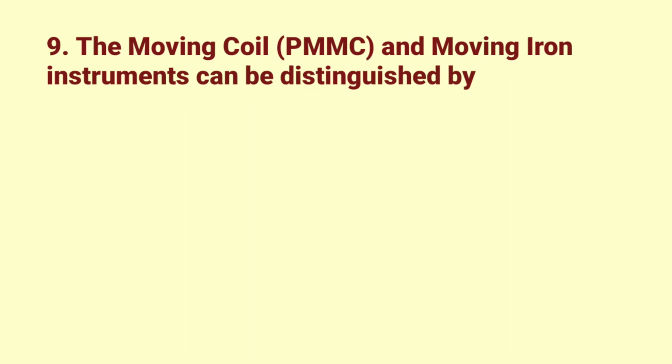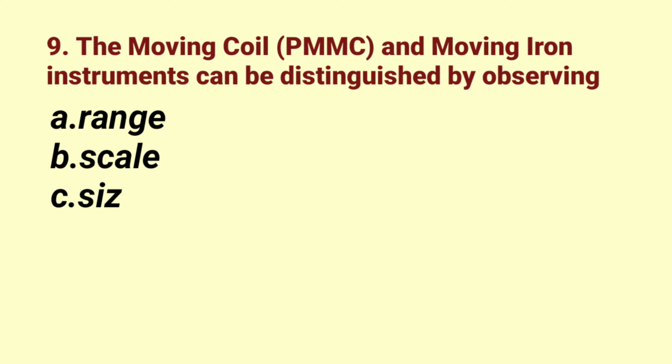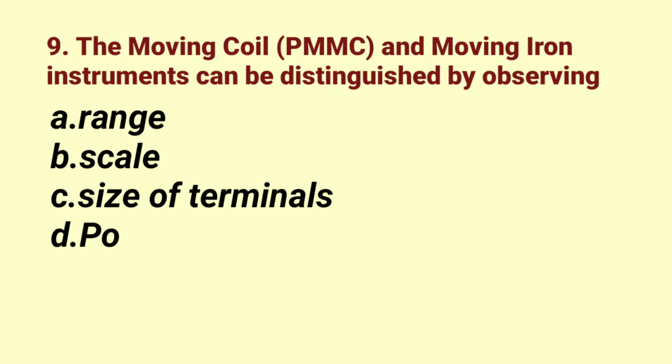The next question: moving coil, PMMC, and moving iron instruments can be distinguished by observing A range, B scale, C size of terminals, D pointer. They can be distinguished by observing not the range, not the size of terminals, not the pointer, but the scale.